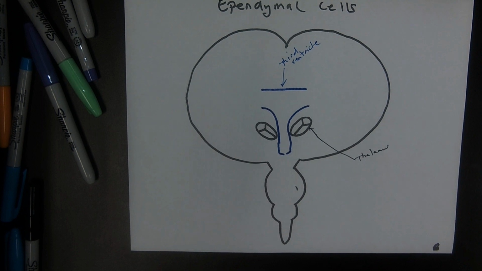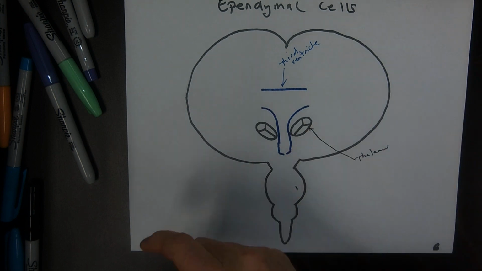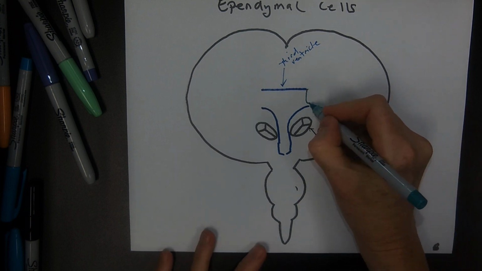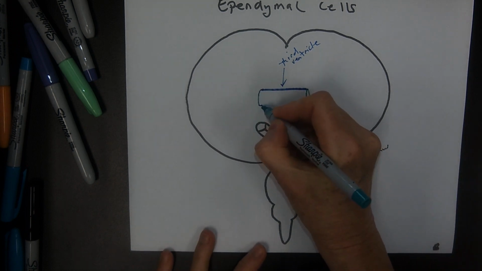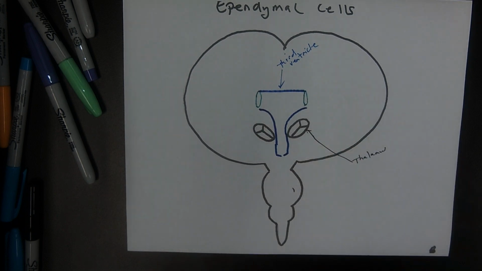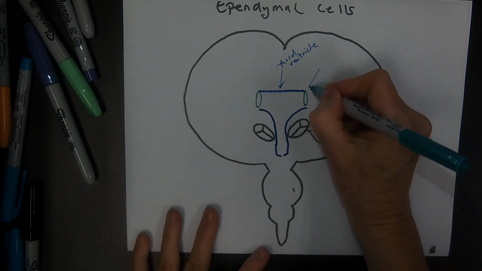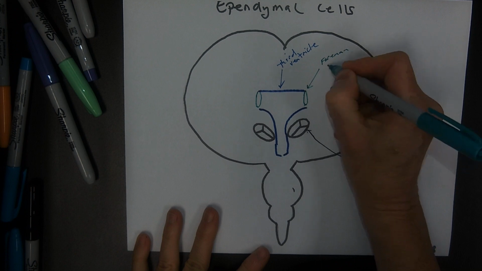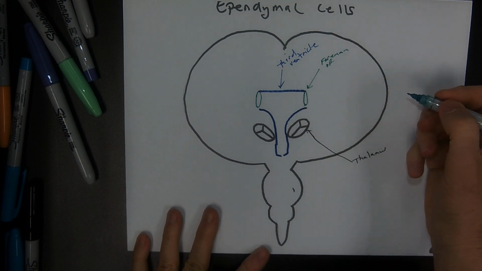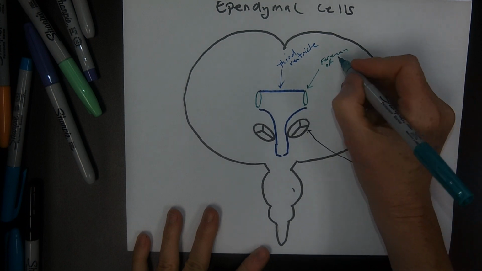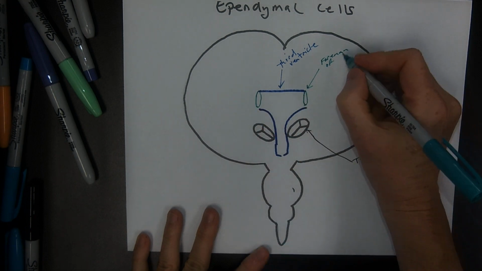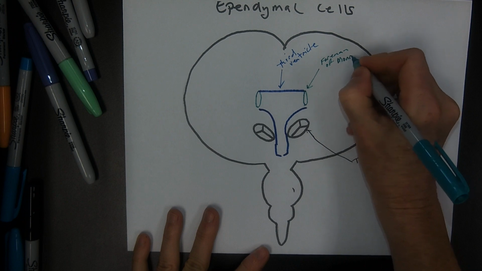Great. And connecting the 3rd ventricle to this pair of ventricles here on the side, I have a special kind of foramen. Does anybody remember the name of that foramen? It's foramen of, anybody? Monroe. Okay, off of the third ventricle, connecting the third ventricle to your lateral ventricles, that's going to be your foramen of Monroe.